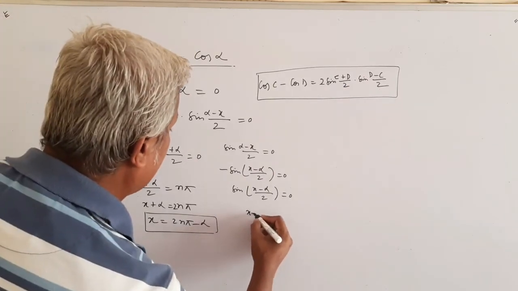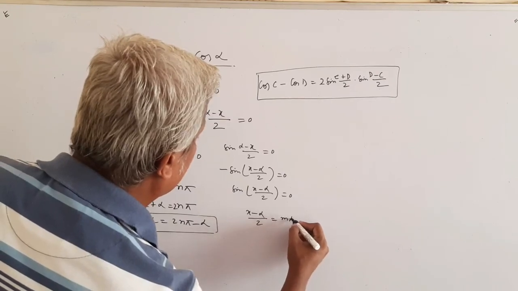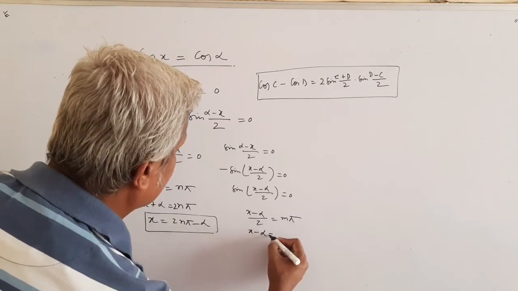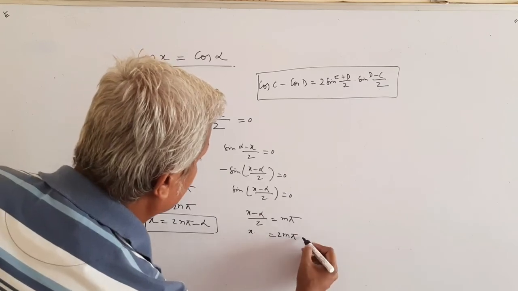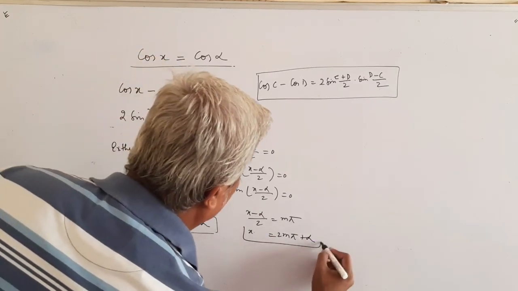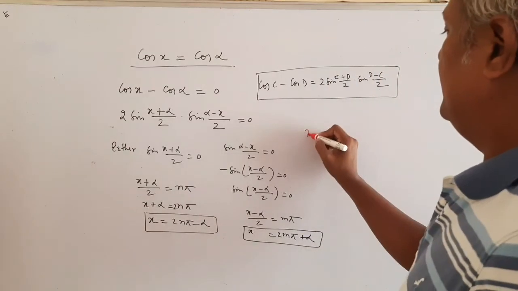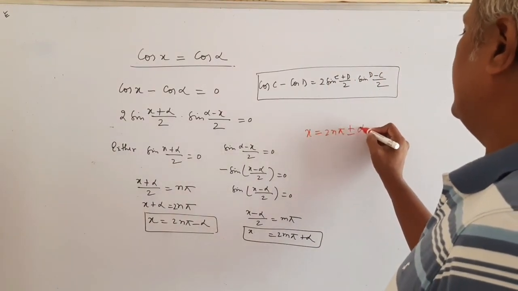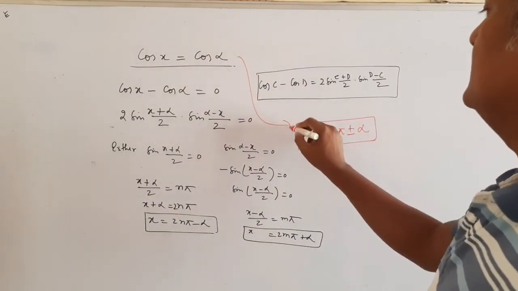And here x minus alpha by 2 is m pi. m is also an integer, I can write n also. x minus alpha is 2m pi and x equals 2m pi plus alpha. So if you combine these two, you get one relation, and that is x is 2n pi plus minus alpha. This is the solution for this equation.